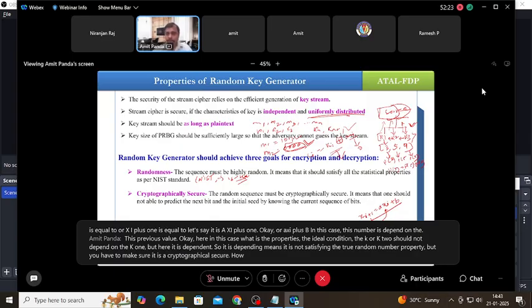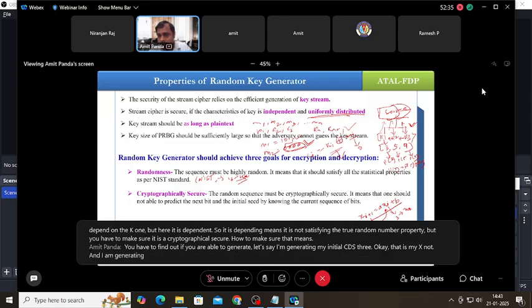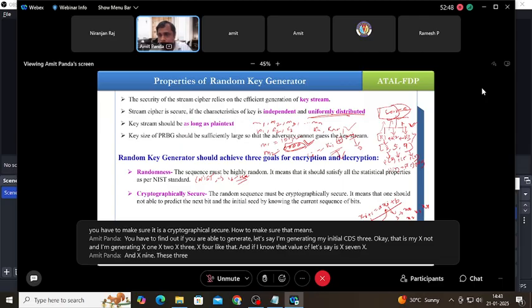How to make sure? That means you have to find out, let's say I am generating with my initial seed as 3, that is my x naught, and I am generating x1, x2, x3, x4 like that. And if I know the values of, let's say, x7, x8 and x9, these three numbers, how can I generate the next bit and the previous bit without knowing the seed?